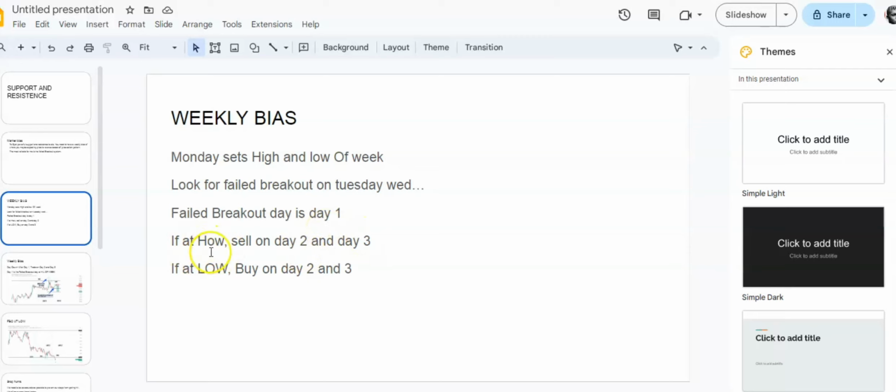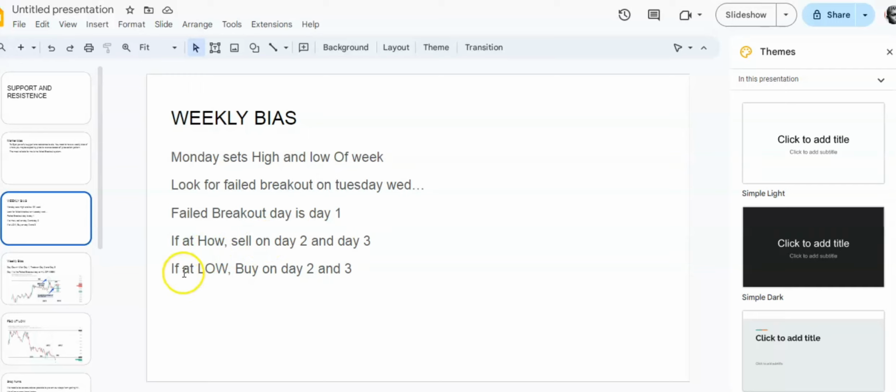If I have a failed breakout at the high of the week, I can sell on day 2 and day 3. And if I have a low of the week failed breakout, then I can buy on day 2 and day 3.